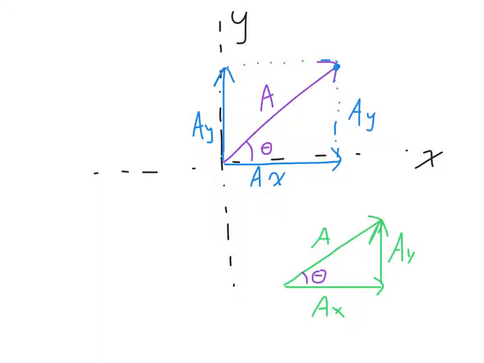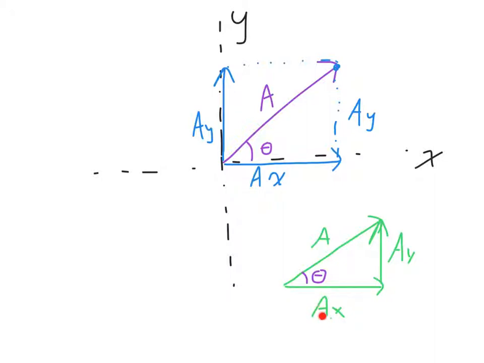So now we want to see what we know about Ax and Ay in terms of theta. It's a triangle. If we have A, which is the hypotenuse, and we have theta, we can easily find Ax and Ay using sine and cosine.